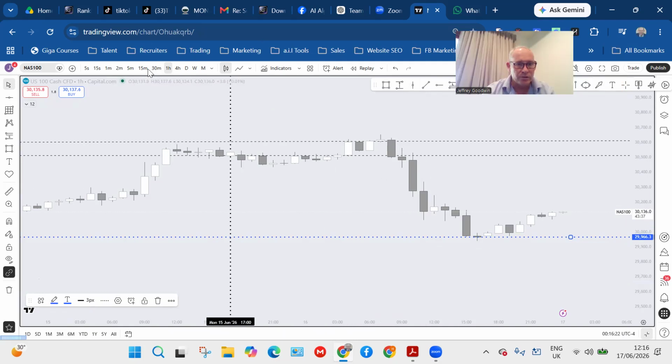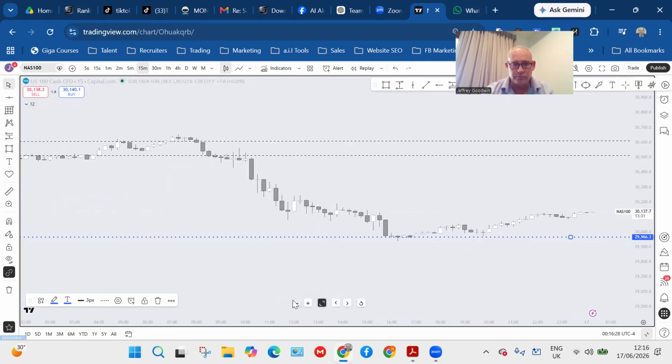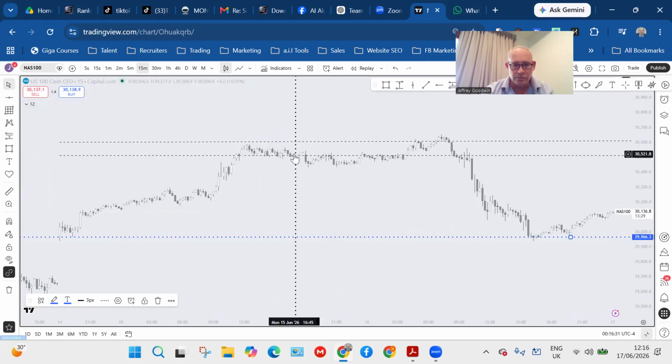So now let's go to the 15-minute time frame. This was 1500 according to the charts. This is Eastern Standard Time, New York time. If you're in the UK, simply add 5. It comes down, goes above there.